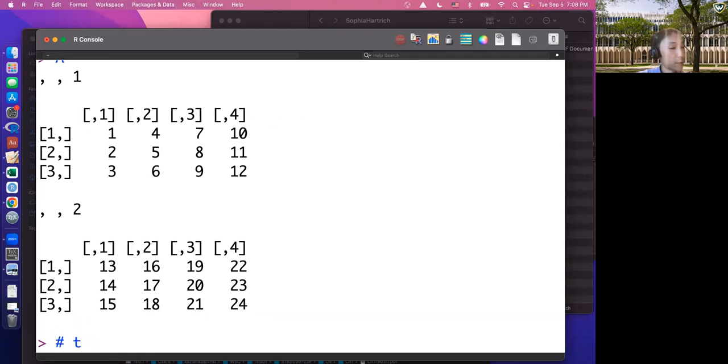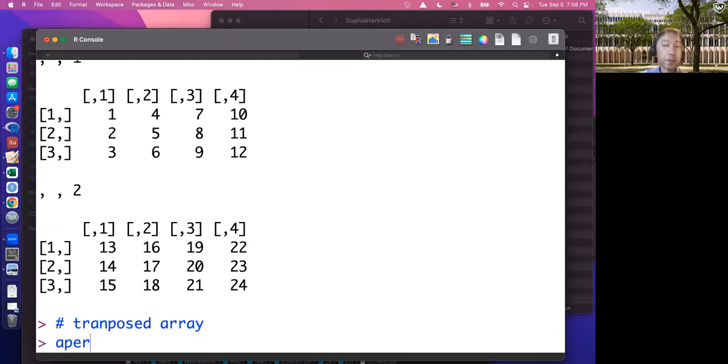And we have the transpose function for this array. aperm, maybe permutation, the aperm function of A, and we have to specify these indices. So we change the second and first indices.